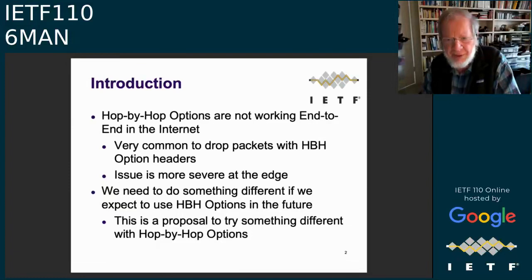I think based on the measurements that Gorry and Anna did regarding the PathMTU option, we discovered that there are some edge routers, the ISP who serves the actual customer, that were just dropping these. They didn't want packets to go to the slow path. They didn't want to have them interfere with the operation of the router.